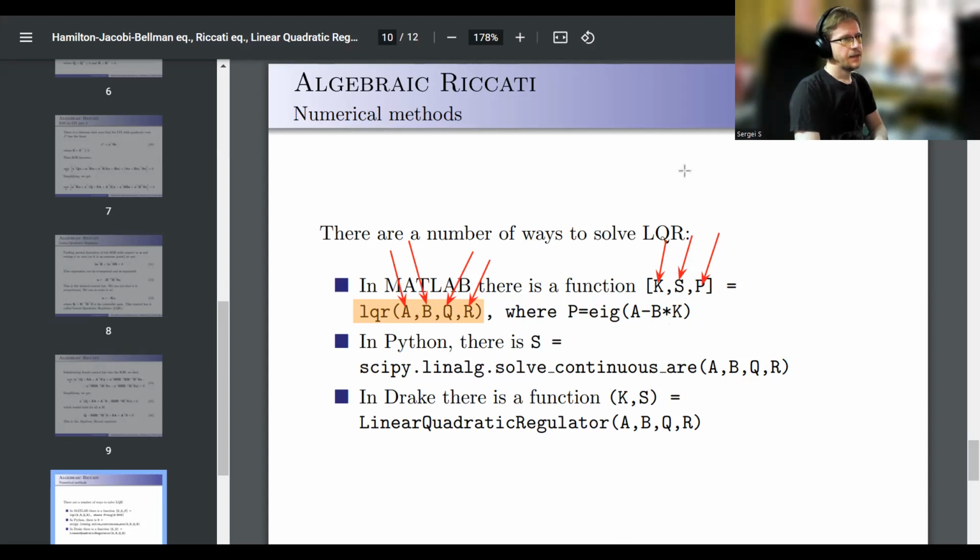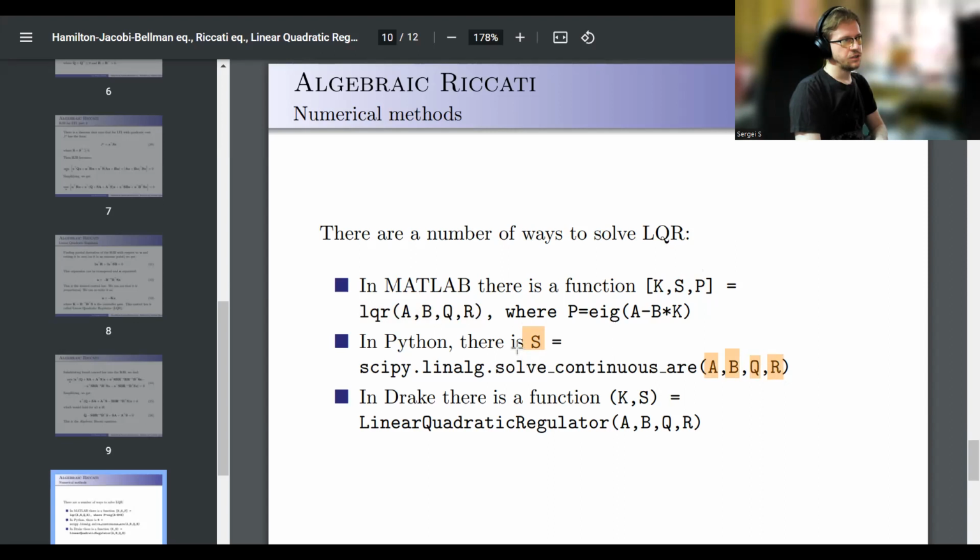Okay. If you're using Python, what you can do is call SciPy linalg solve continuous ARE. ARE is the algebraic Riccati equation. As you can see, it's again state matrix, state cost, control cost. And this now is your solution to your Riccati equation.